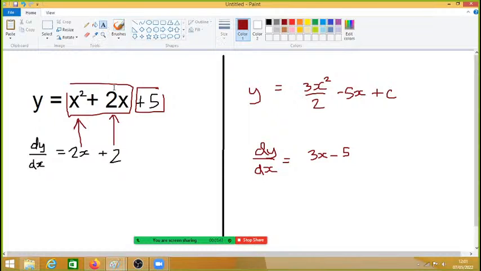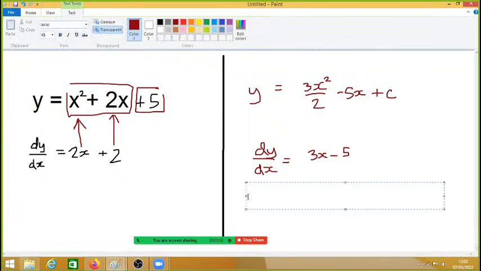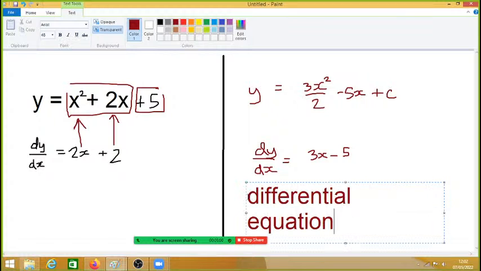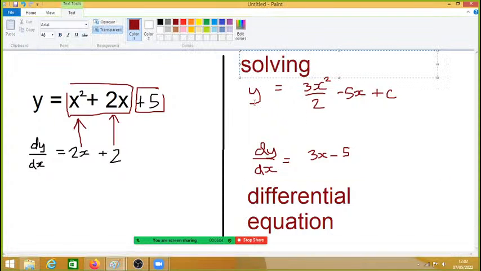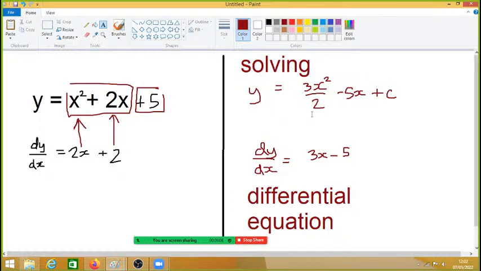That's the practice of integration, but really what you were doing is taking what's called a differential equation, because it's an equation that's been differentiated, and you're solving it. You're going back to what the original equation was.